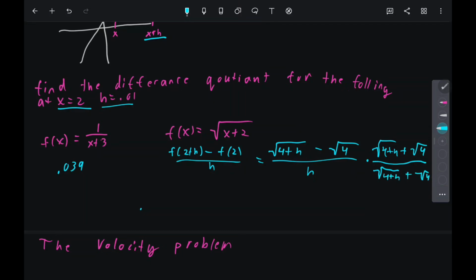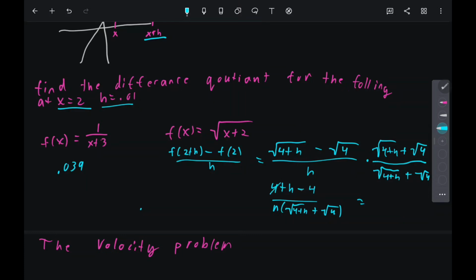And what we'll see is if everything's done right, this and this will cancel, creating a 4 plus h minus 4 all over h times the square root of 4 plus h plus the square root of 4.